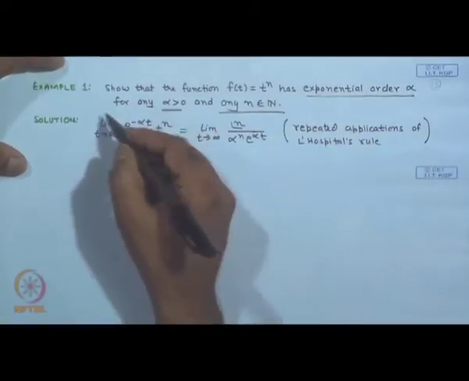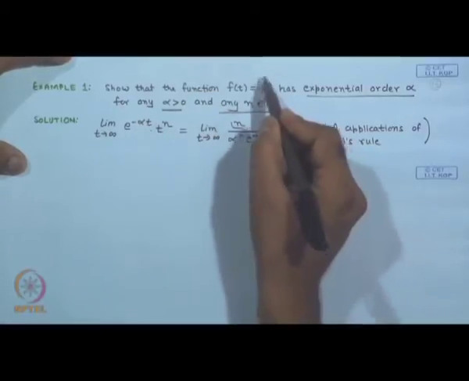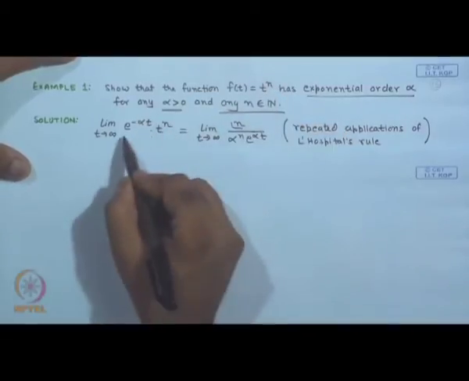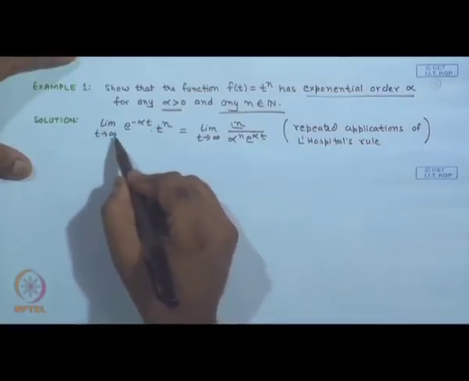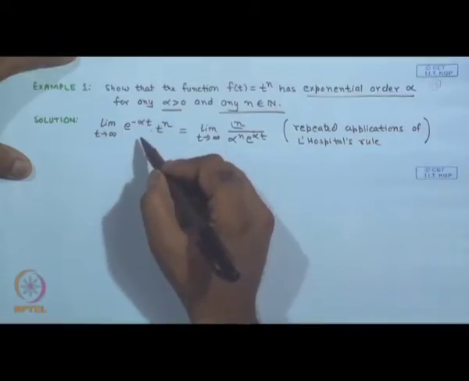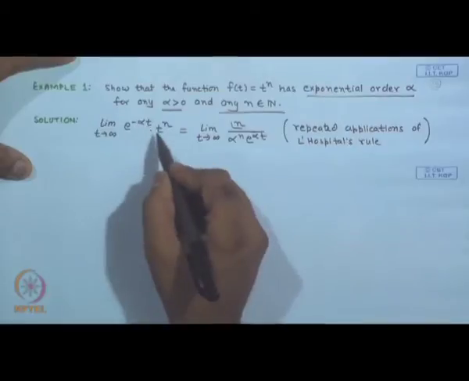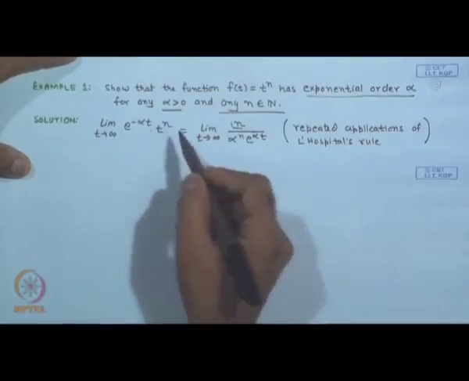Now we see the limit as t tends to infinity of e^(-alpha t) t^n. If we let t tend to infinity, it is t^n over e^(alpha t), so it is infinity by infinity form.